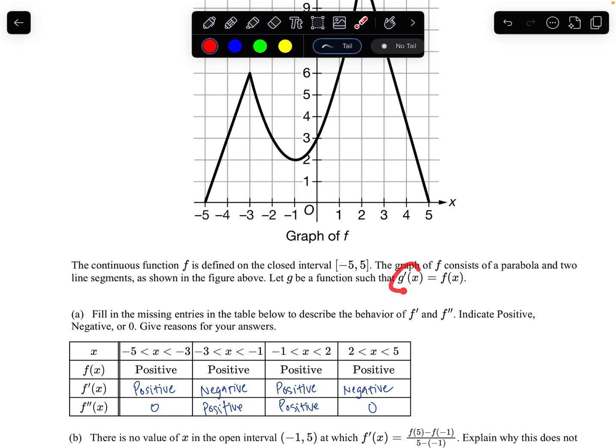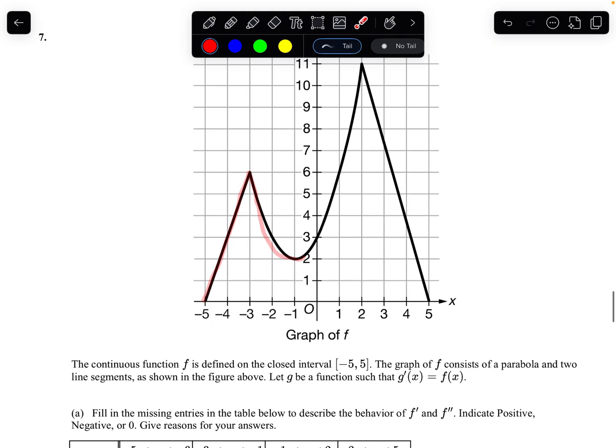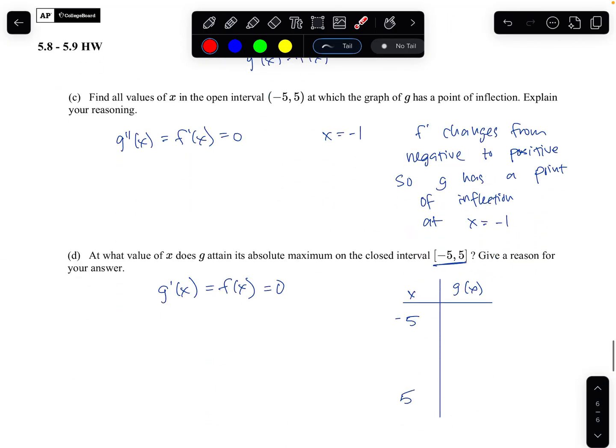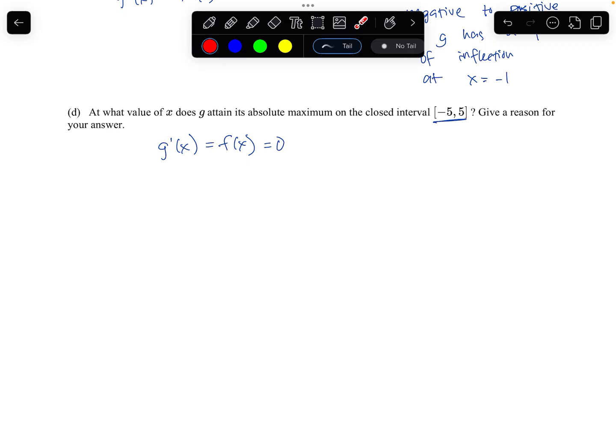G prime of x is equal to f of x, right? And G prime of x is always positive, which means the graph of G is always increasing from -5 to 5. So at what value of x does G attain its absolute maximum on the closed interval?